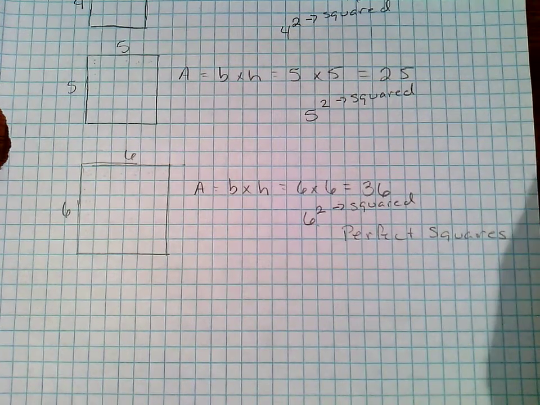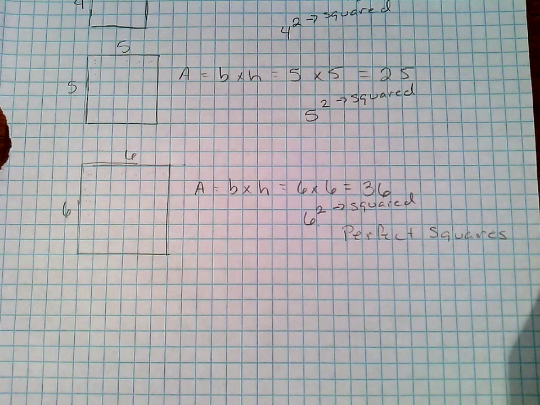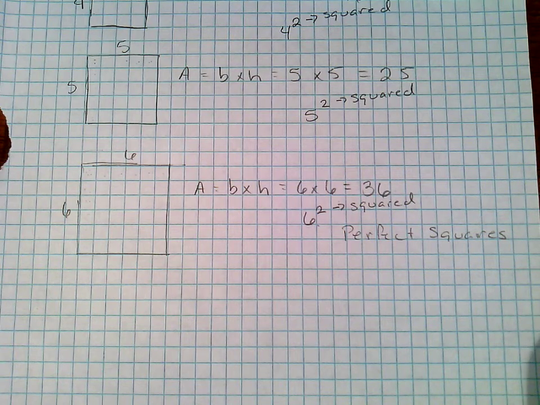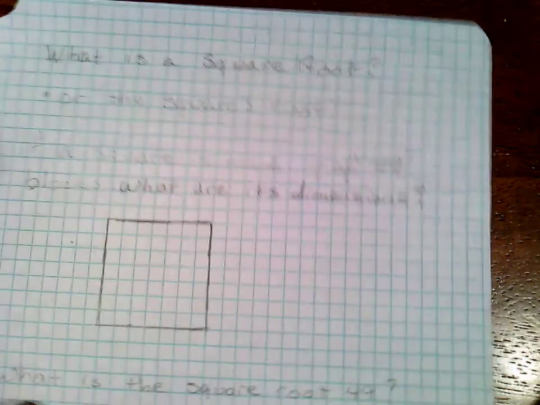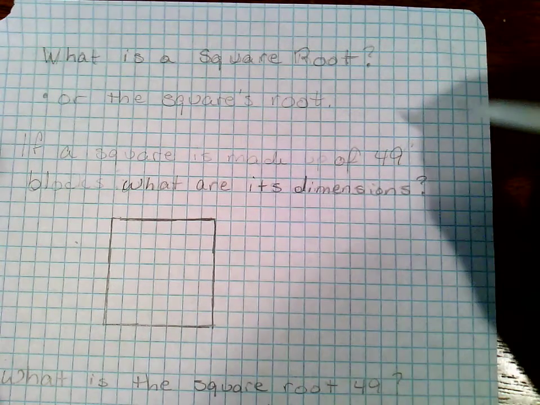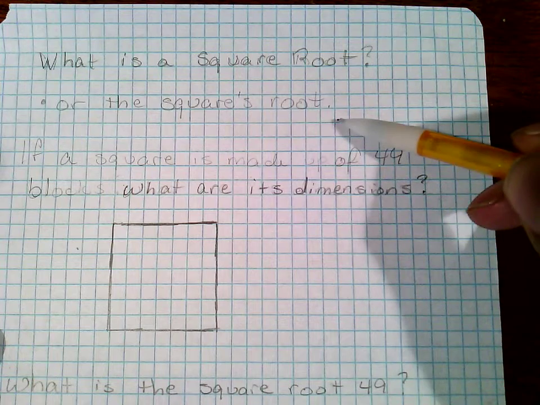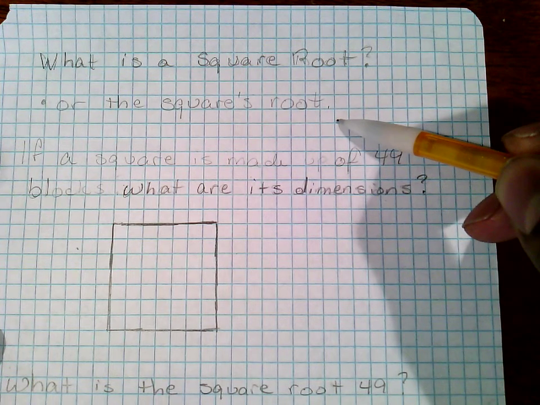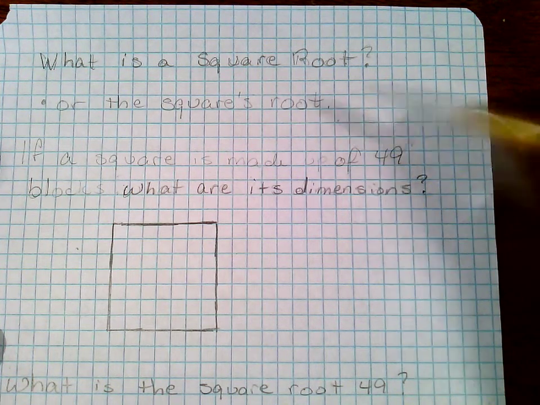All right. Now, what exactly do we mean by the square's root? So let's look at this question. What is a square root? Or another way of looking at it is, what is the square's root?